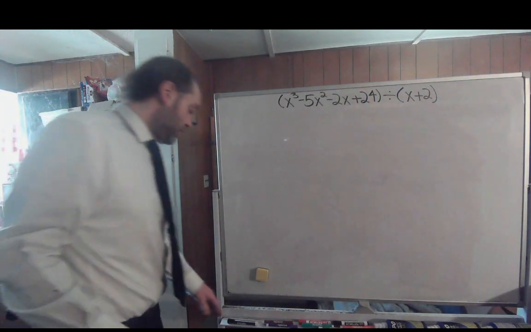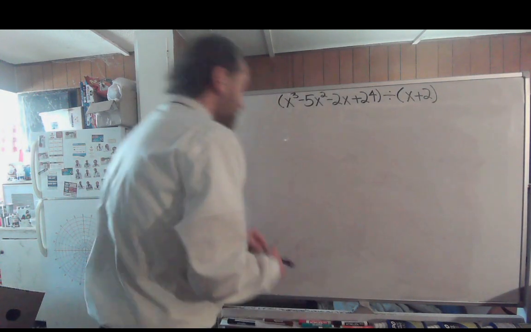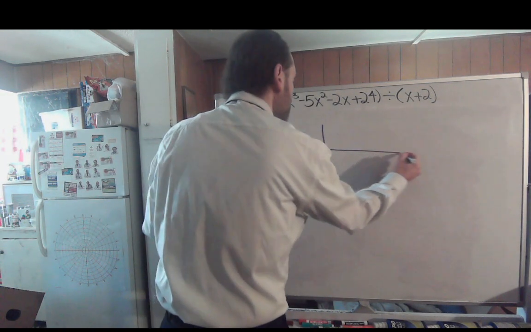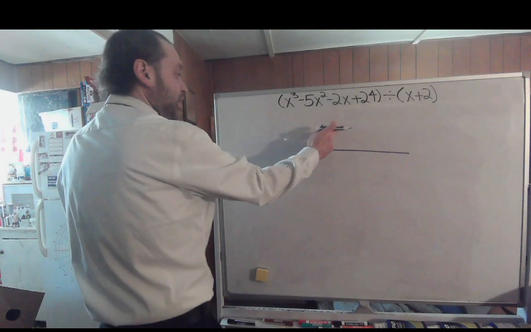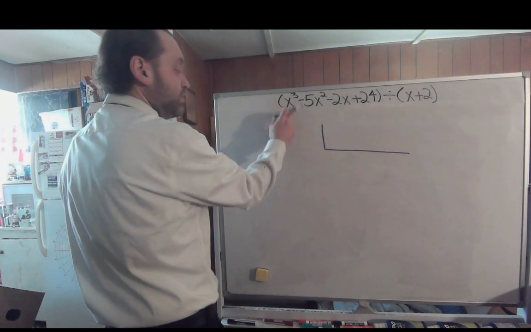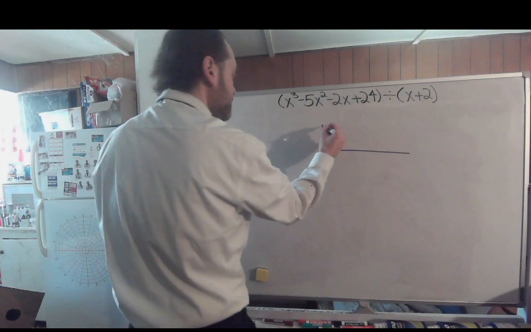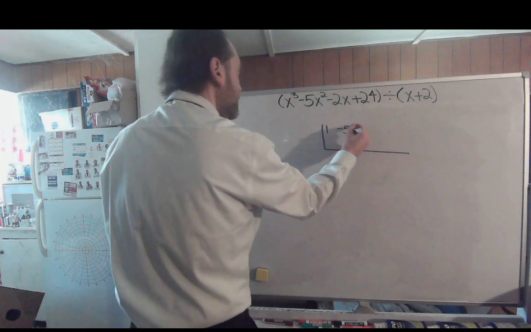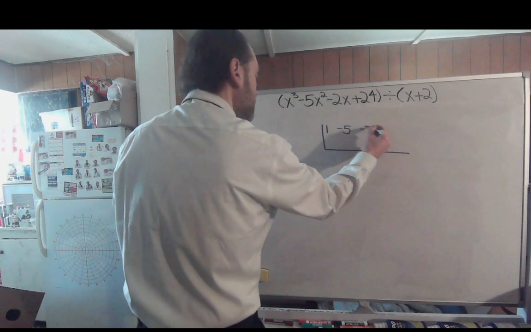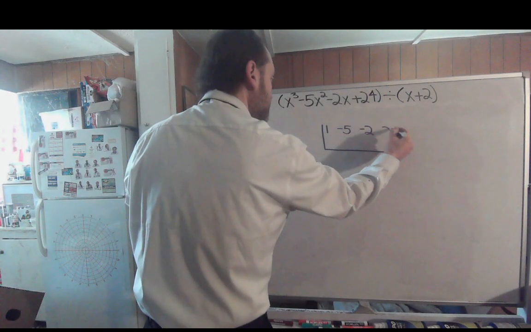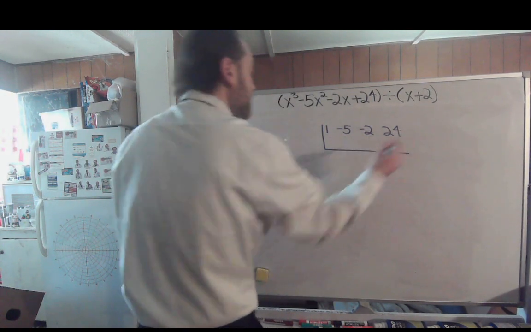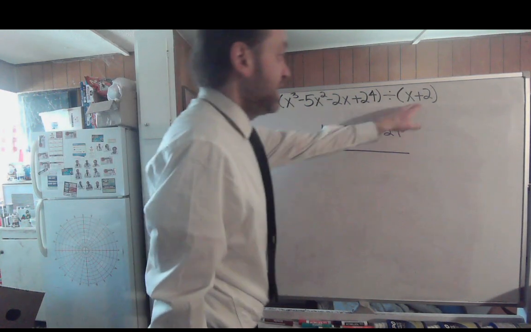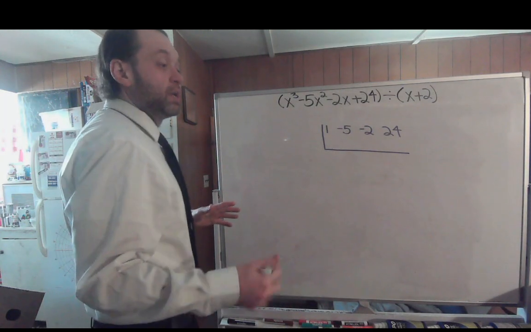So let's set up our synthetic division. Again, set up your nice little table here. Now in the top right, take your coefficients of the polynomial. So that's going to be 1, negative 5, negative 2, and then 24 for your constant value. Now to the top left, you set x plus 2 equal to 0, you'll get negative 2.